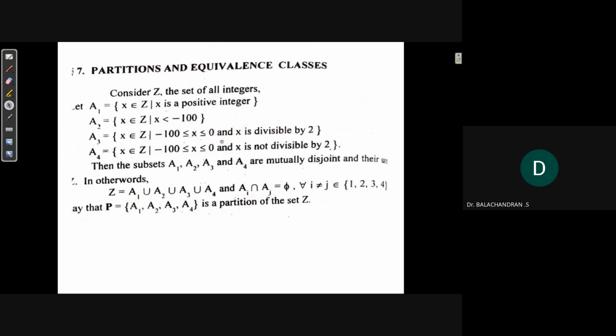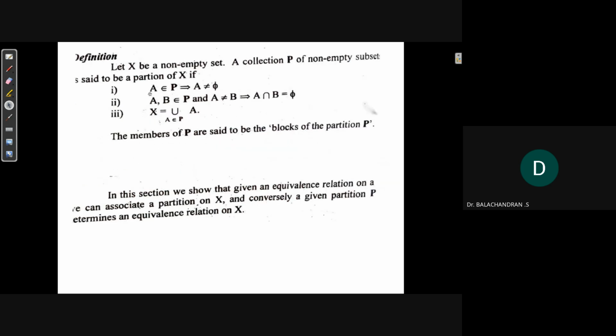Here A1 intersection A2 is empty. Similarly, if we take two different elements from the partition, then their intersection is empty.